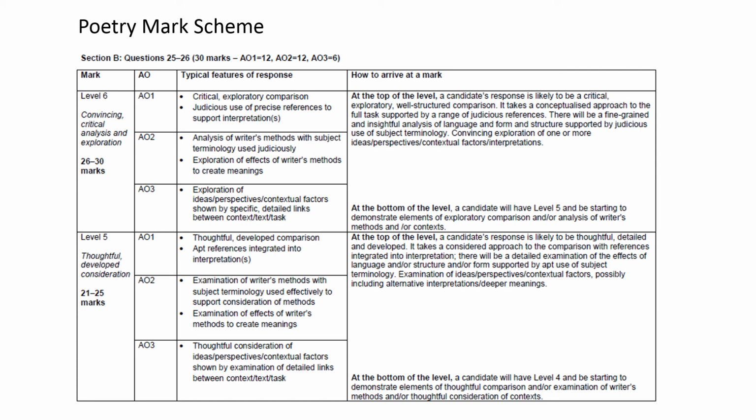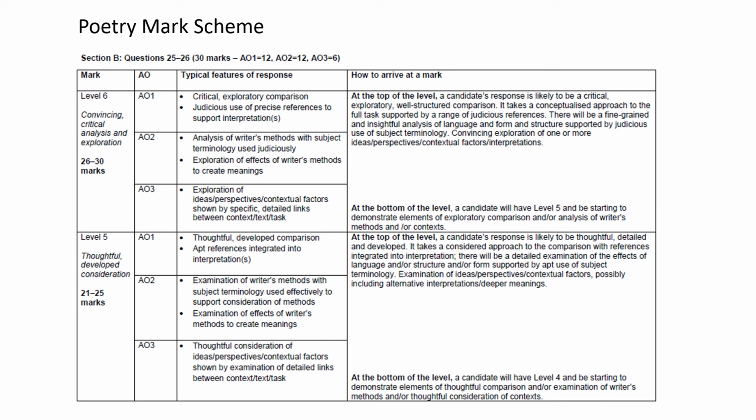To get those 30 marks, you will get up to 12 marks for assessment objective 1, and that means your knowledge of the poem itself, the key ideas and key themes within the poem and what the poet is trying to show us. You can also get up to 12 marks for assessment objective 2, which is your ability to analyse language and structure in the poem really well.